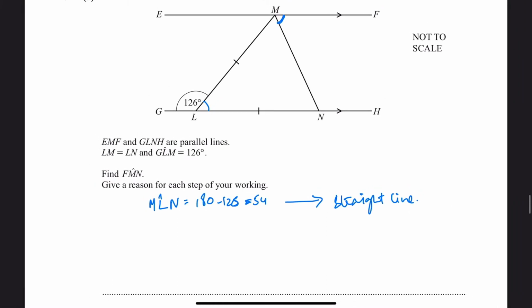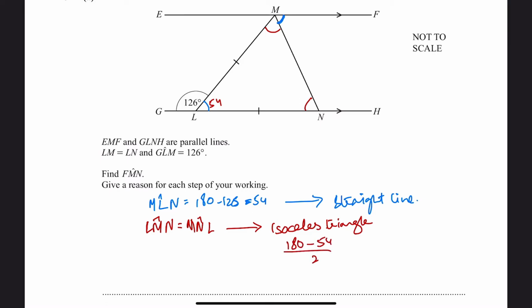Then I'm going to say that angle M and angle N, isosceles triangle. I'm going to say that this is 54, so 180 minus 54 divided by 2.